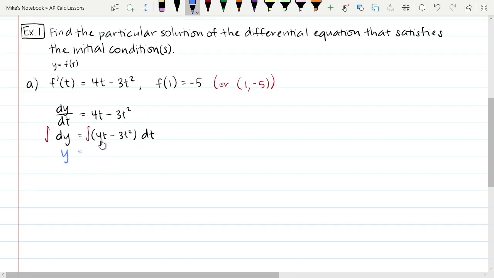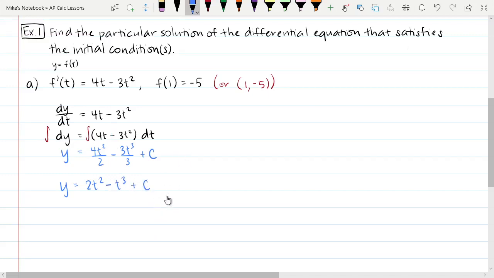Equals, now here we're going to use our reverse power rule, so that's going to be 4t squared over 2 minus 3t cubed over 3 plus c. And then when we simplify, y equals 2t squared minus t cubed plus c.